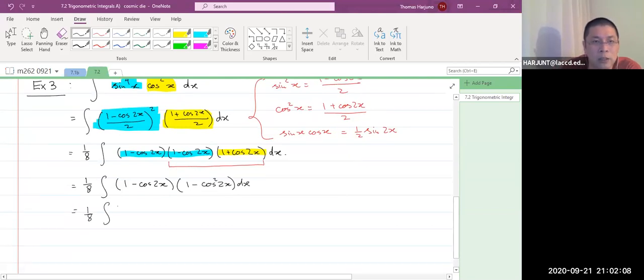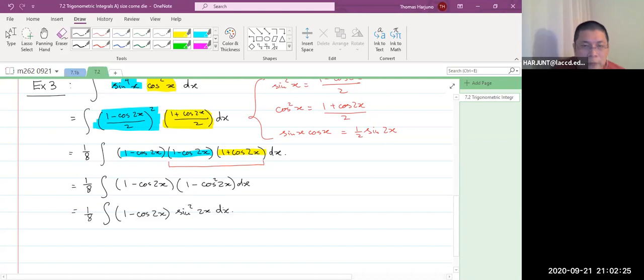But that is, this is sine squared 2x dx. Right? Yeah, I know it's painful. Let's go on. This is equal to 1/8. I will separate them.